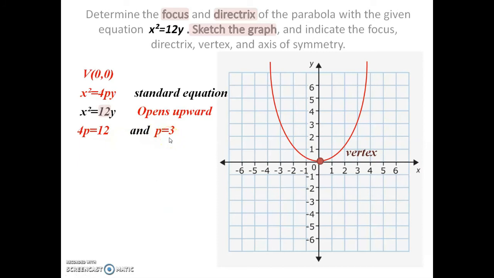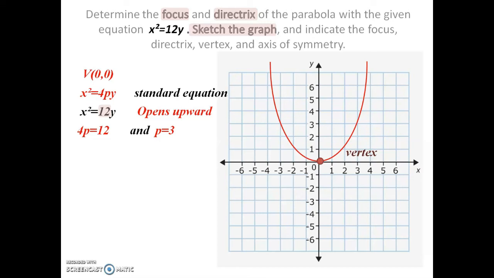It means the value of our p is positive, and it opens upward. This value of p indicates the distance from the vertex to the focus, and also the distance from the vertex to the line of the directrix.